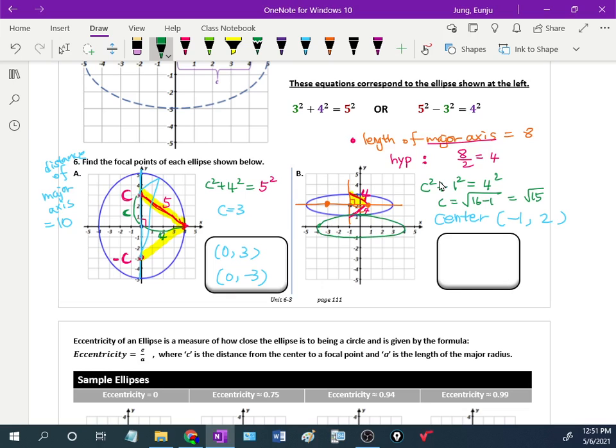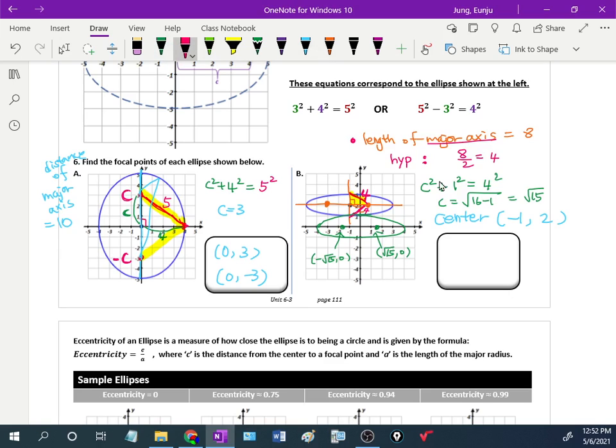And then that is the focus here, there, and then this one would be (-root 15, 0), and this could be (positive root 15, 0), right? Because c is the distance from the center, and we found the distance root 15, so we can read the ordered pairs.